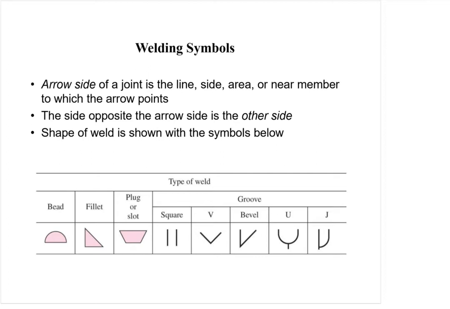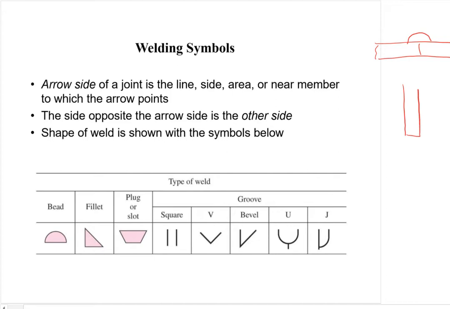For instance, in a bead weld, you would have a couple of plates joined together like this. Fillet weld. So let me draw these over here. You know, a bead weld would look something like that.